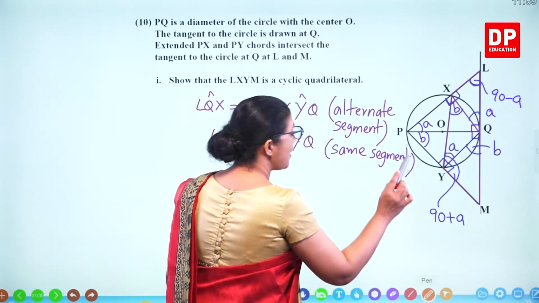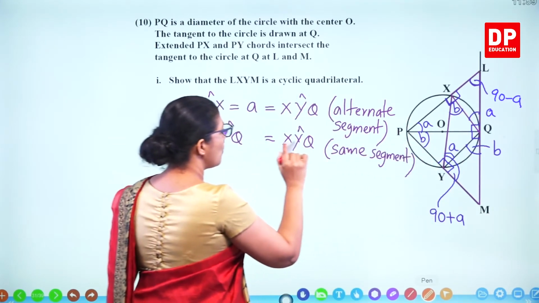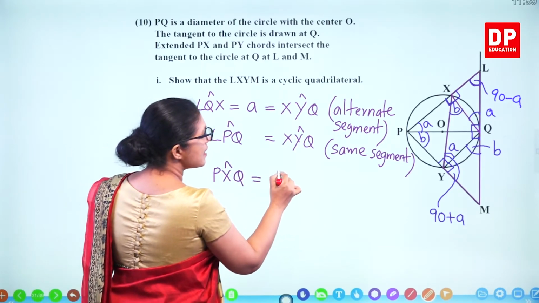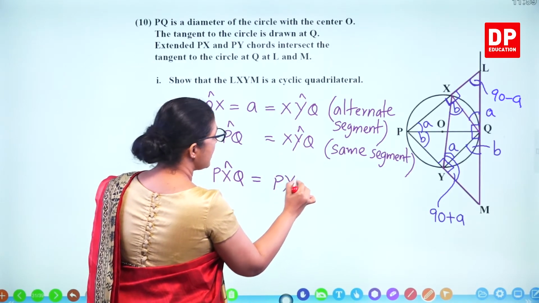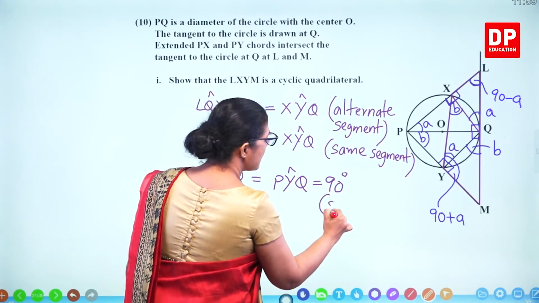Then we can write about 90 degree angles. So, you can write PXQ is 90 as well as PYQ is 90 degrees, semicircle angles.